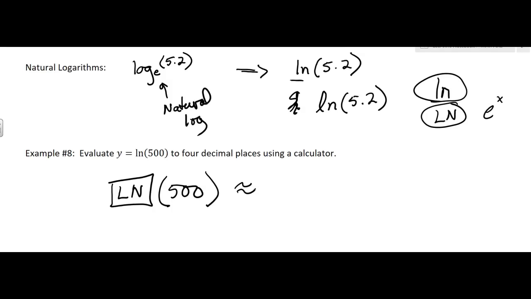So it's very handy for us to have calculators that know this, and we can just type the 500, and it gives me 6 point, I'm going 4 decimals, 2146. Okay, so that's what I would put for the answer.